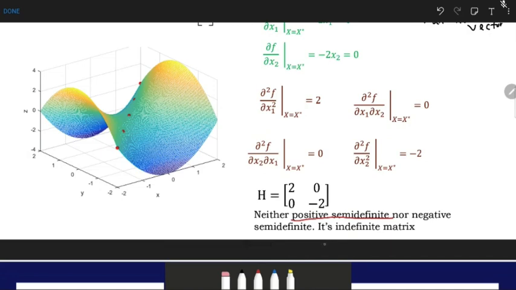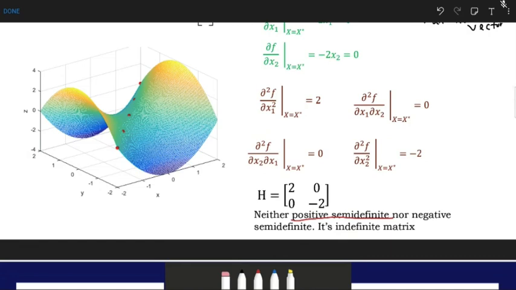Or else you can directly look at the eigenvalues. If all eigenvalues are non-negative, then it is a positive semi-definite matrix. But why is this person telling it's an indefinite matrix?